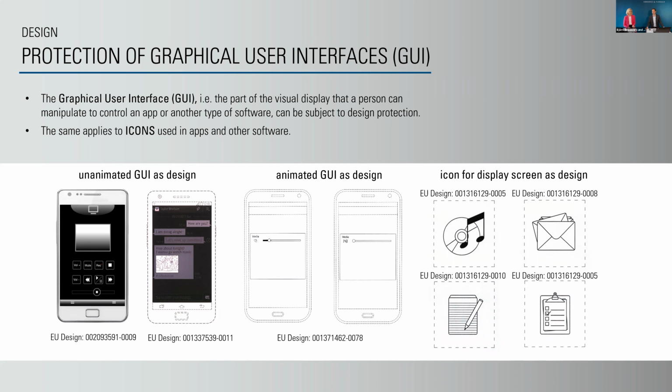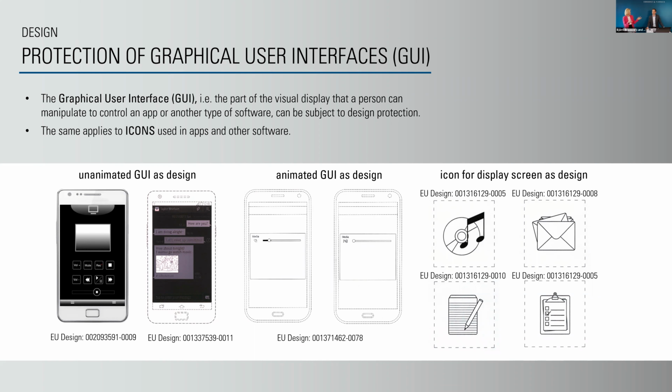And usually you solve this by making collective design applications. And as you see in the example on the right, each icon is a sole design. This is a single design. So also there you take a complementary approach, that you try to protect the individual elements by individual icon design protection, and then the graphical user interface as a bundle.